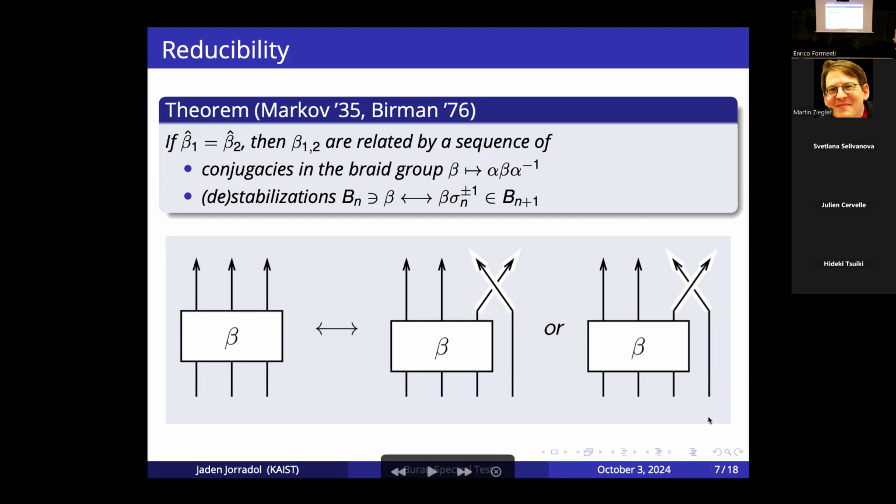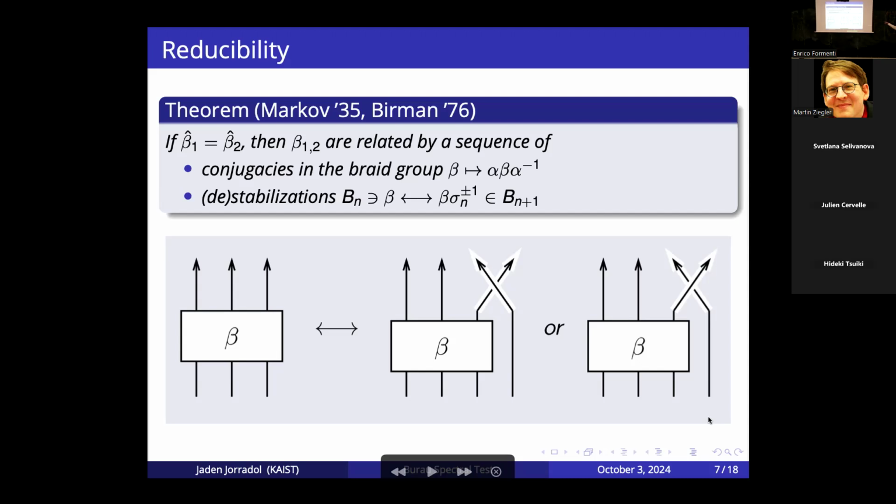So the braid closure is related because if you close the braids and you have some kind of move here called alpha, and then you have the move here called alpha inverse, if you close up the braids, then alpha and alpha inverse cancel out and you get the same braid closure.